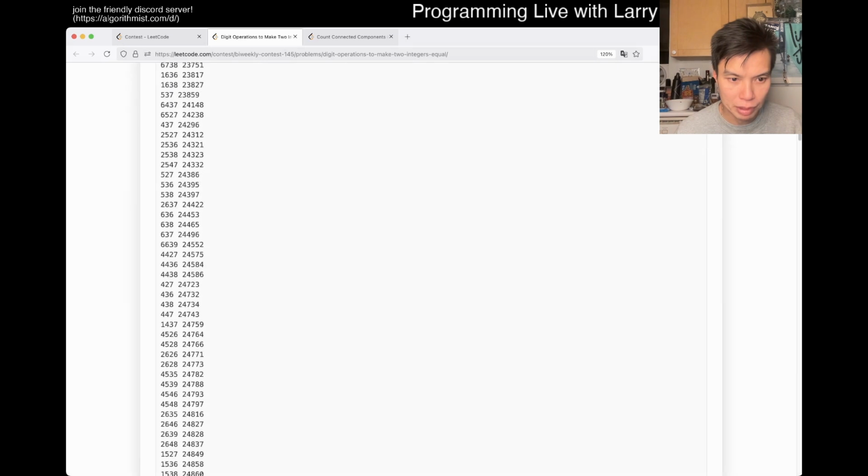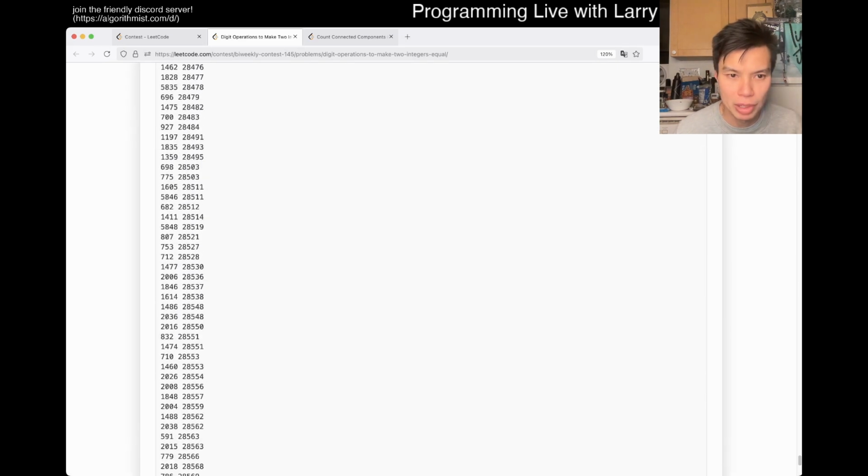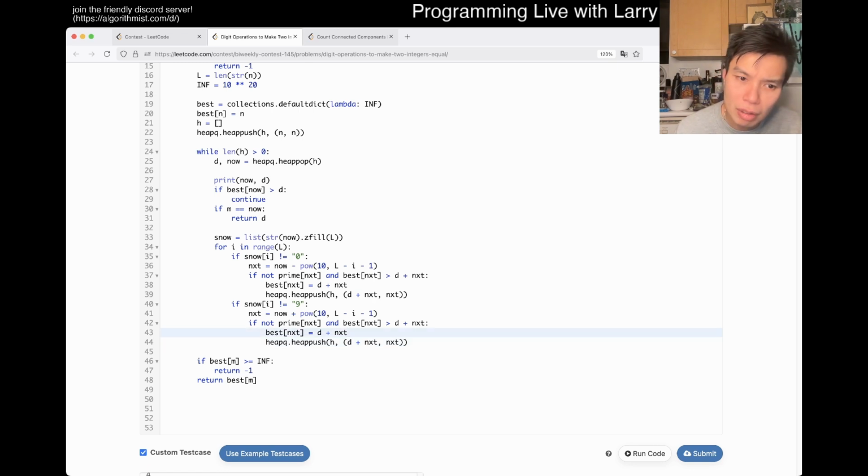Yes, there should be fewer things to print. So our answer is better than their answer, which means that there's something wrong with the implementation usually. Well, I mean that is the case when you get a wrong answer, I suppose. But even beyond that, d plus next. Am I off by one? No, that's fine. What am I doing wrong?